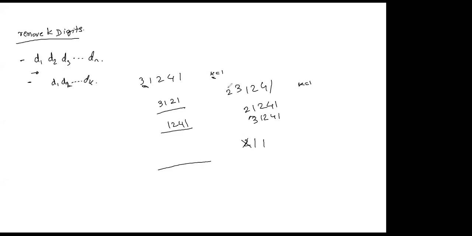If the element is smaller, then you're removing that element, right? So you're finding the next smaller element, not the greater. Sorry, I take that back. We are finding the next smaller element. If the element is smaller, then you remove that element, right?